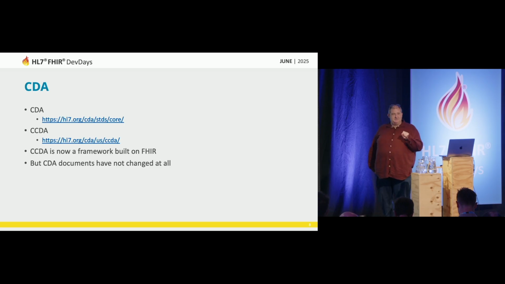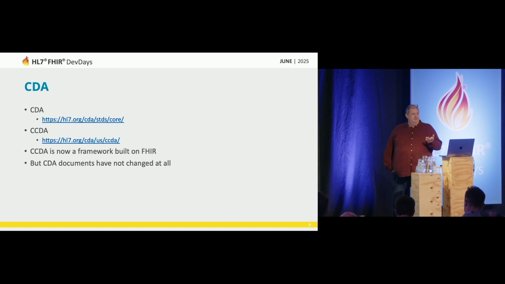Now, the CCDA specification is now a fully FHIR based specification. All of the content is authored as profiles on the CDA logical model, and they are marked up with enough information in the structure definitions to allow the FHIR validator to parse and validate CDA documents.